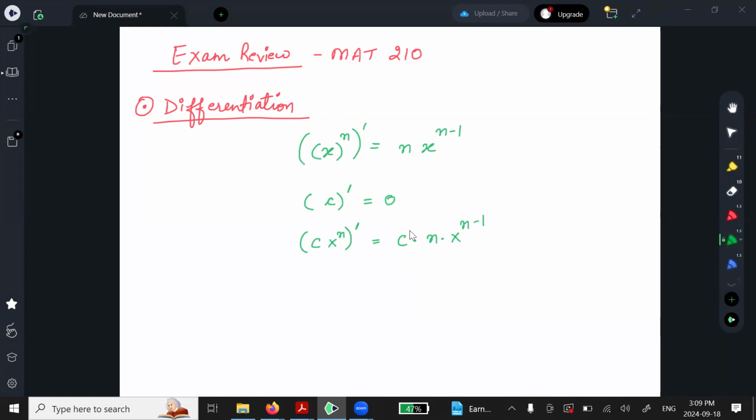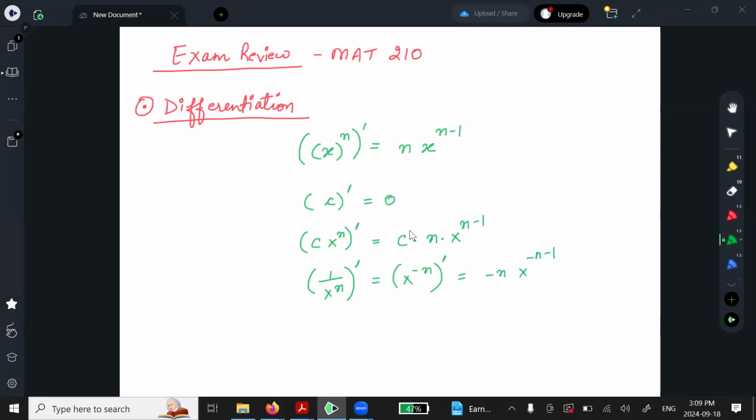Constant is not touched. Good. What if I give you 1 over x to the power n and I want you to apply power rule? What will you do? Make it a negative, right? Good. Those who know, good job. Negative n, x to the power negative n, negative 1.